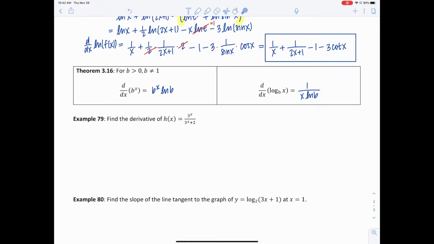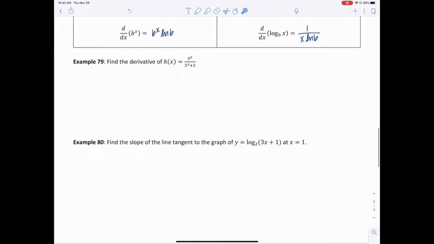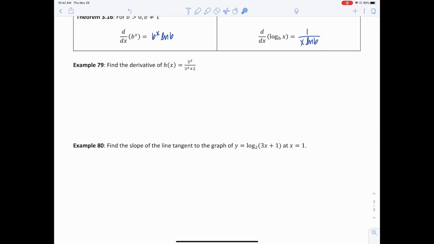And again, if it were ln, so log base e of x, it would be 1 over x times ln of e, which again would be 1, which is how we get the 1 over x. Okay, let's use these two to solve these last two equations or derivatives.